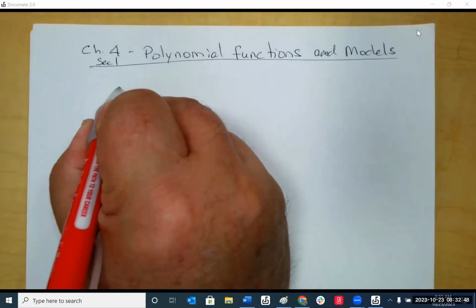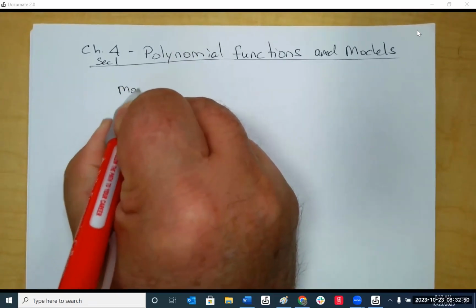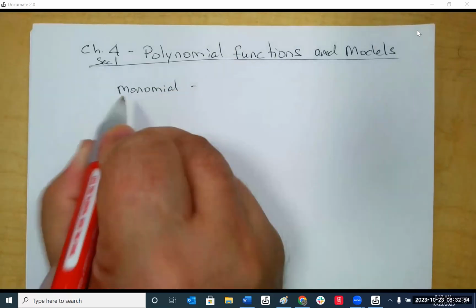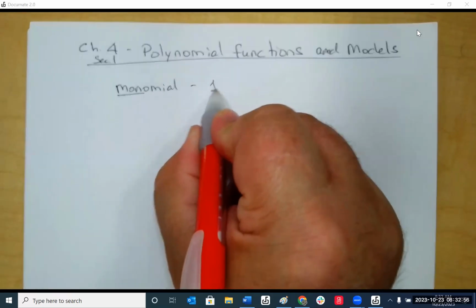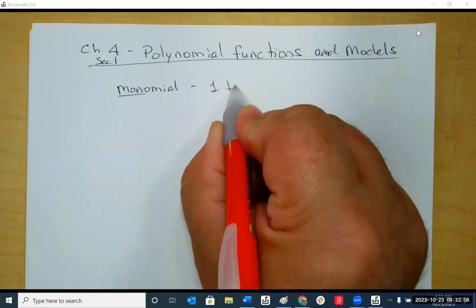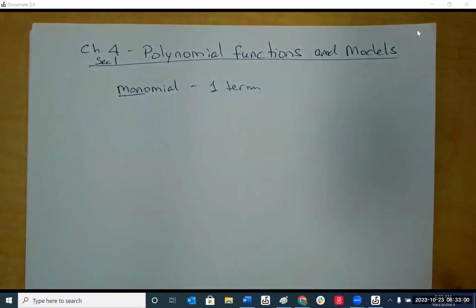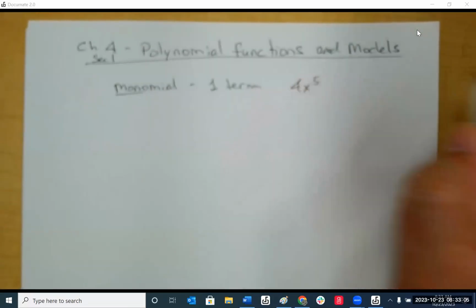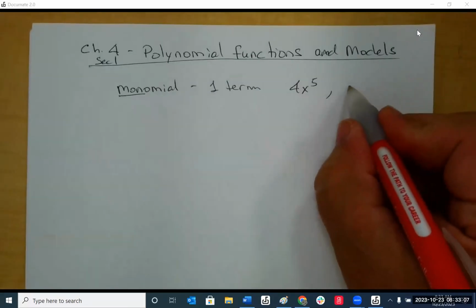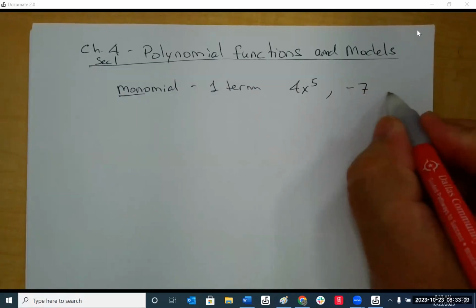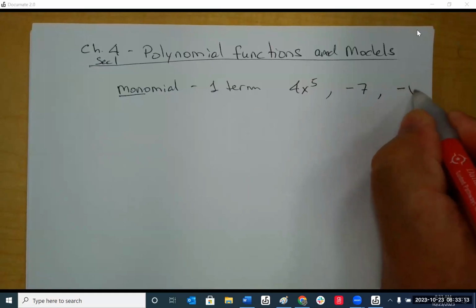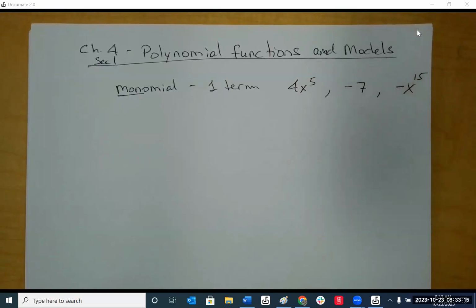Well, let's look at this. A monomial, mono means one, so it is an expression with one term. Those are each examples of monomials, single terms.